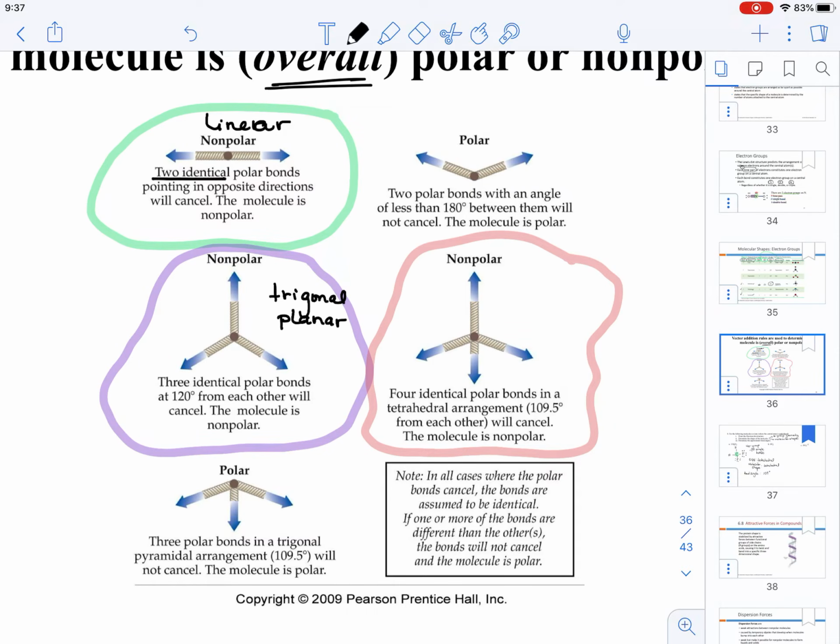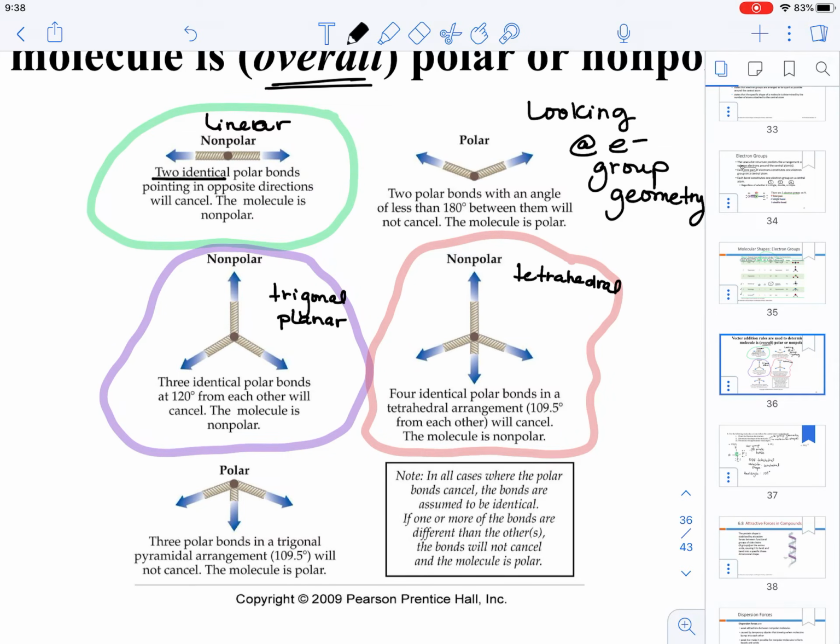Those words, linear, trigonal planar, and the next one, tetrahedral, are there because we are looking at electron group geometry for a particular element.